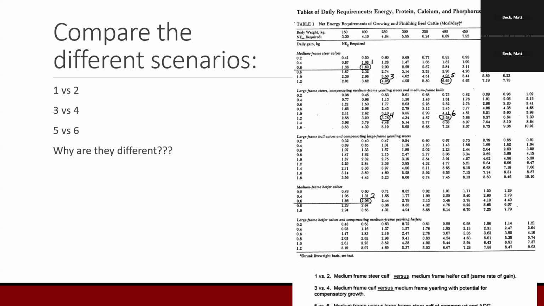So at 28% empty body fat, a medium frame steer maybe here, a large frame steer maybe here, make that a little more extreme, maybe there. So it's lighter at that same body weight, at the same body composition. Make sense? We end up talking about this quite a bit because it's very important for stocker cattle and finishing cattle.